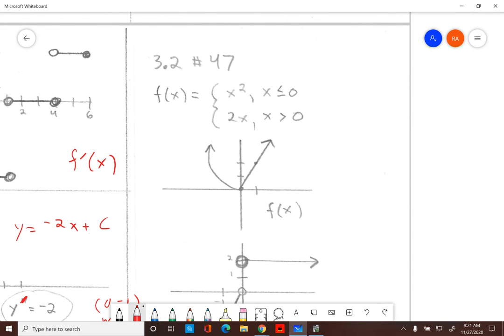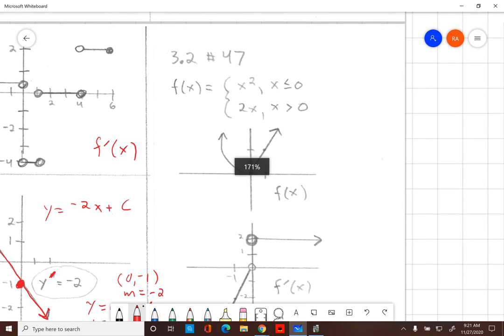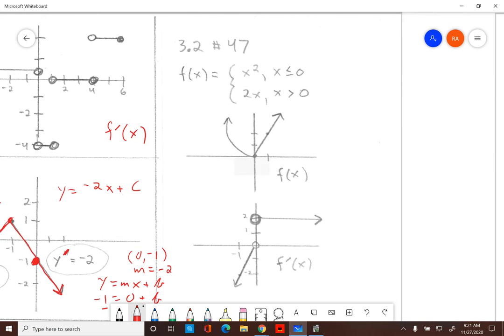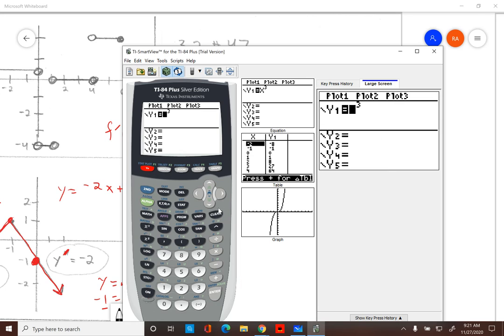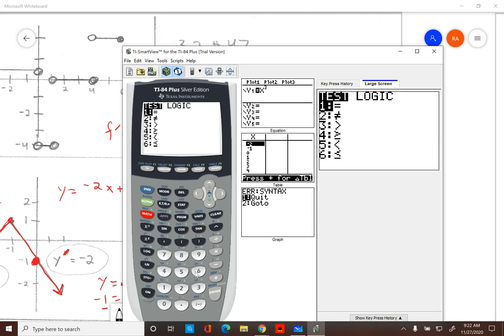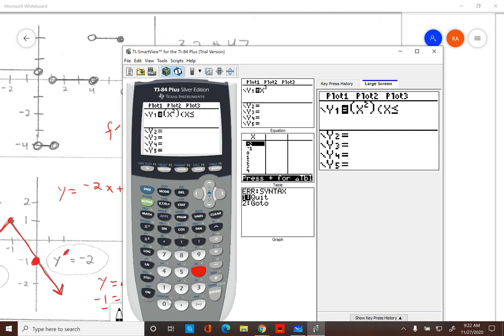Okay, so now 3.2, number 47, it wants us to use the calculator to sketch the derivative and things like that. So I'll go through the notation, what it's saying, a good recap on how to graph a piecewise function. So let's see here. We're going to put in x squared first, close that up, and then x, then second test, number 6, the center equal to 0.